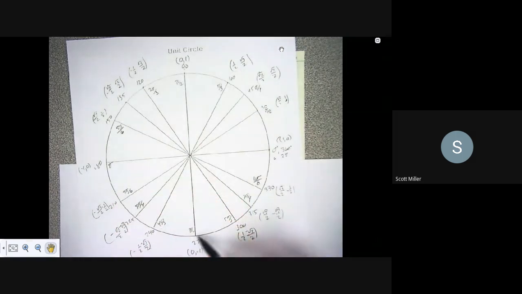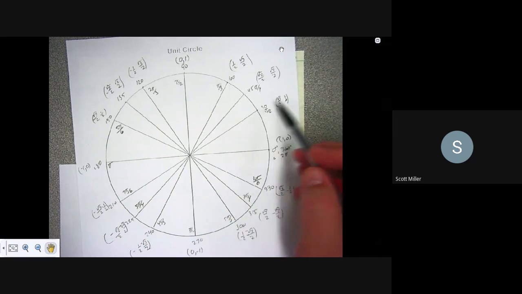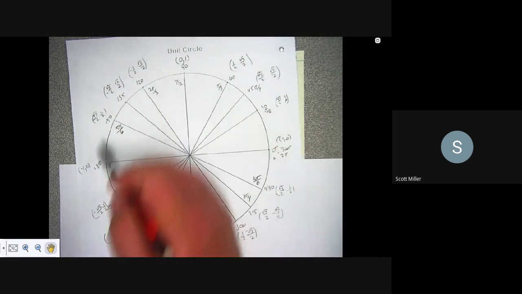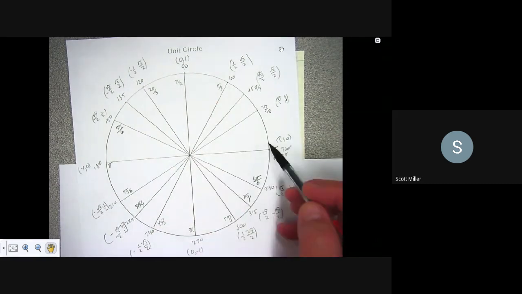And then when I go around the circle one time, I start getting coterminal angles, in other words, angles that terminate in the same spot, so they have the same answer. That occurs every time I go around the circle, which is an angle of 2 pi. So the period for the sine and cosine is 2 pi. And because the secant and the cosecant are related to them, it is also 2 pi.